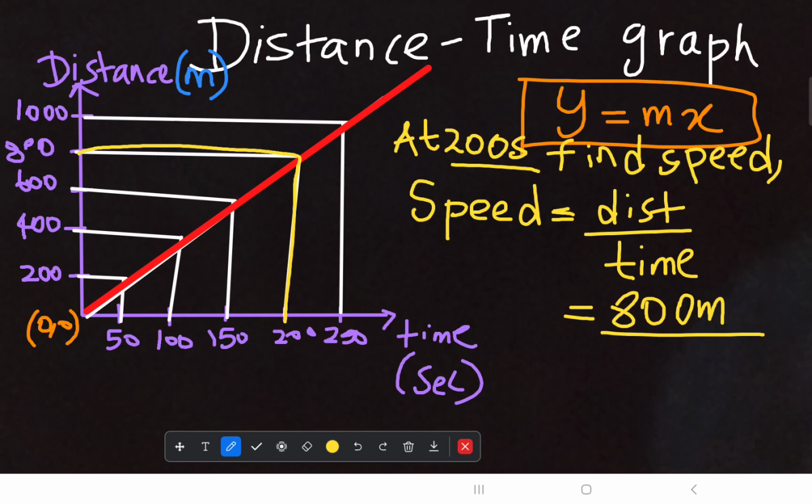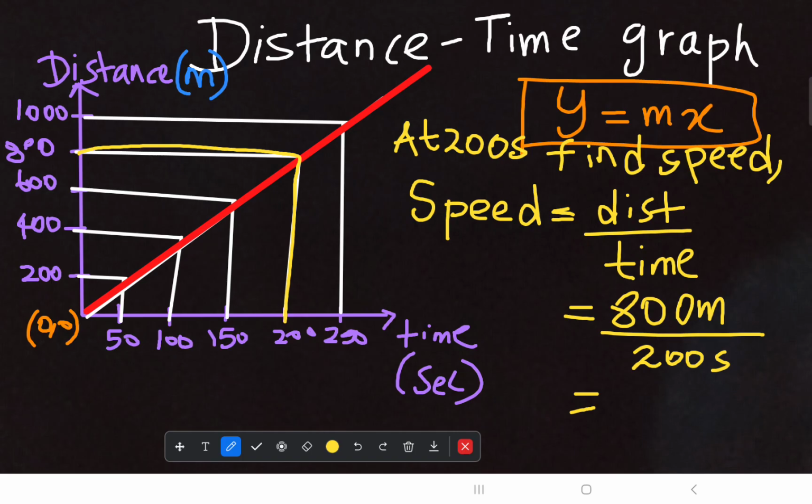In the question it is indicated as 200 seconds. To travel 800 meters, it took 200 seconds. So we can simplify this fraction to get our speed in the unit of meters per second.